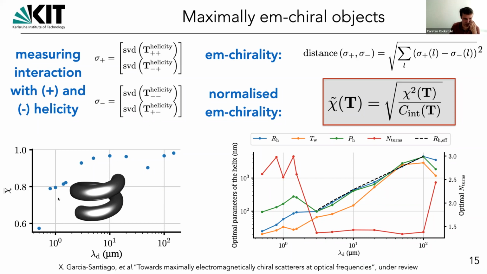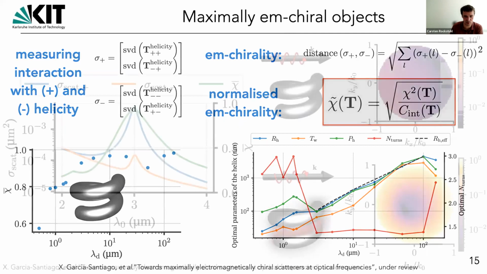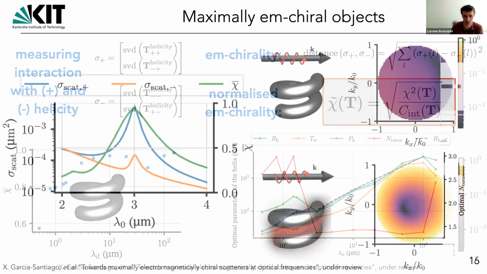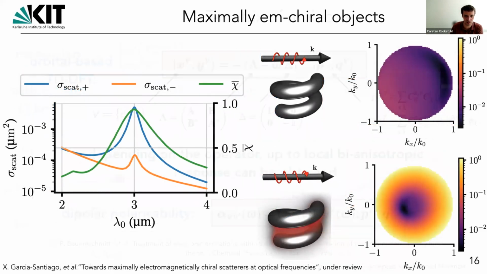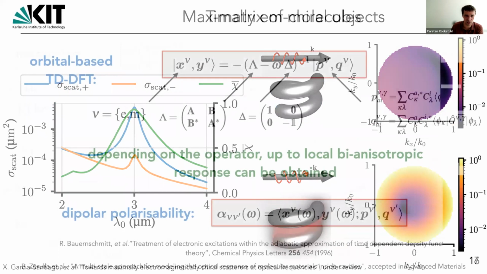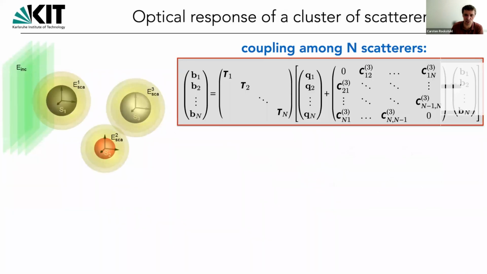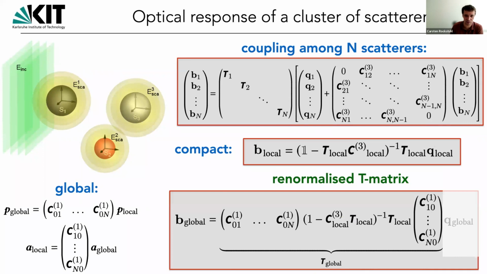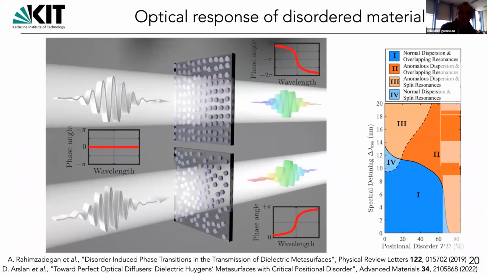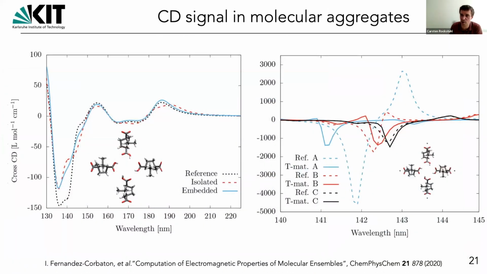Indeed, this is part of this last work, but we are also making dedicated articles on this. So what is really possible? Once you know this renormalized T matrix, there is really a one-way calculation to effective material parameters.